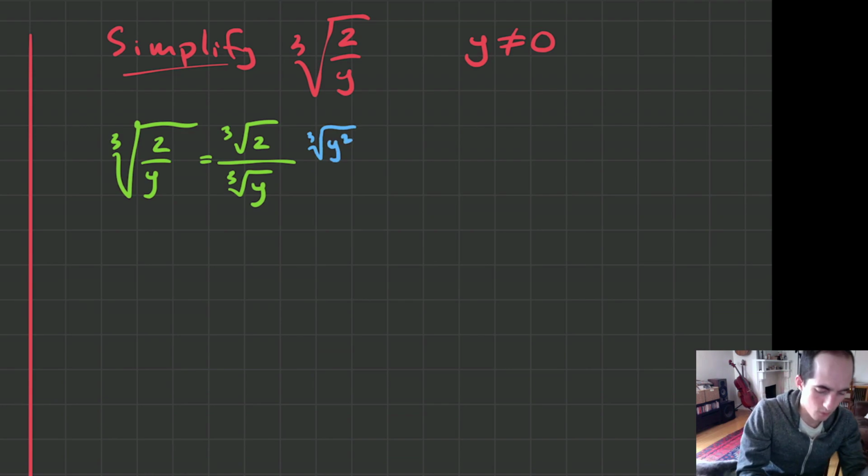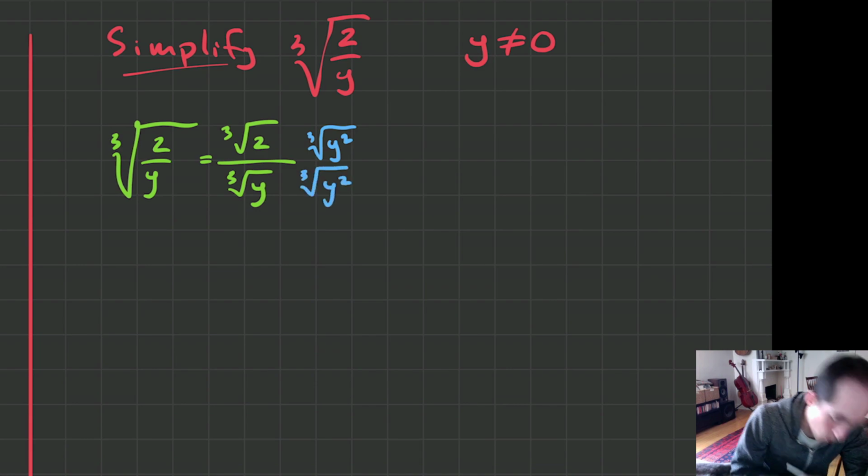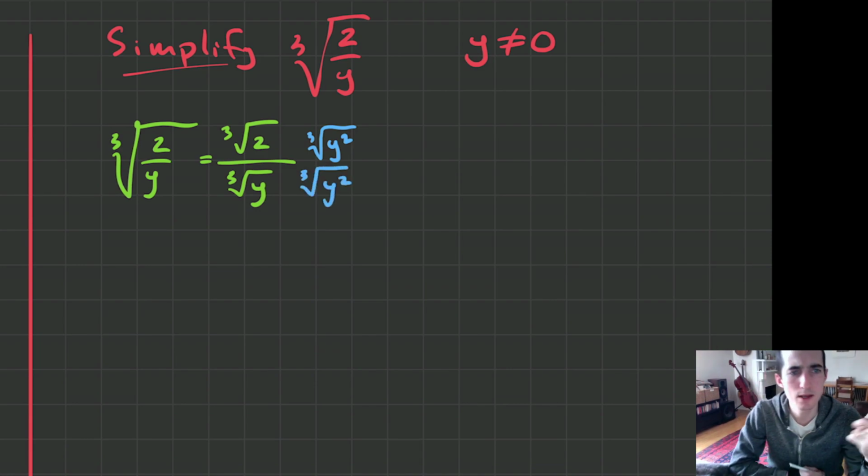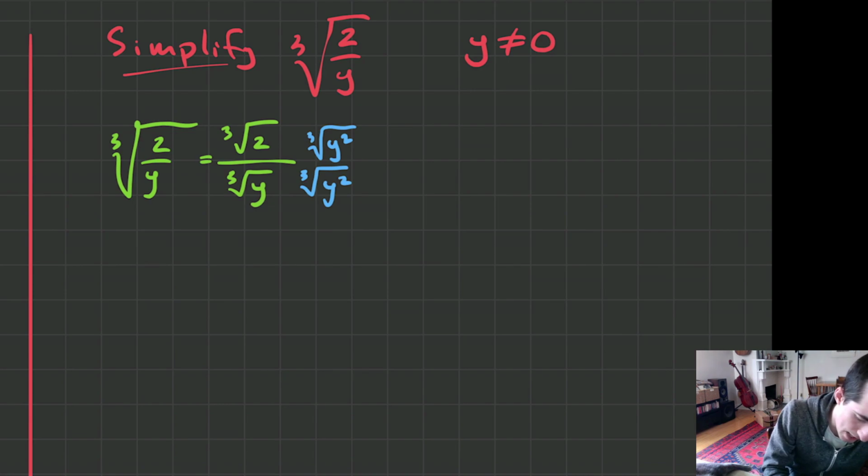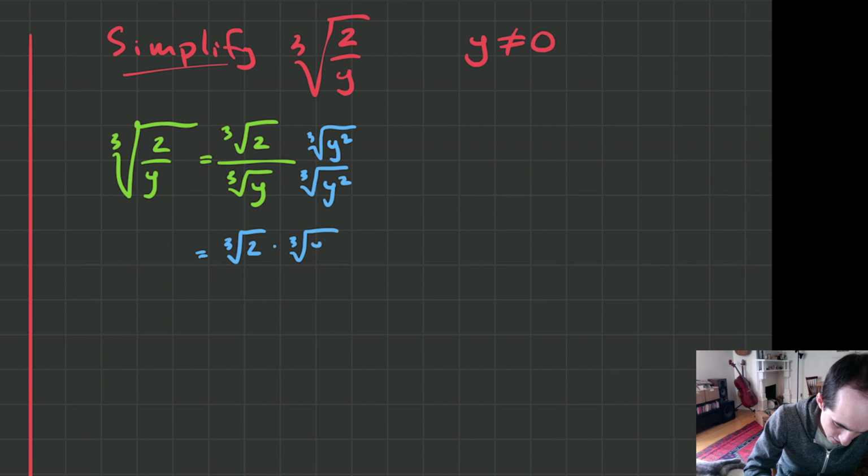And you might wonder why we're doing that. Why would we multiply by the cube root of y squared? Well, just take a look at what happens in the denominator here. First of all, I'm just going to write the numerator. The numerator is the cube root of 2 times the cube root of y squared.